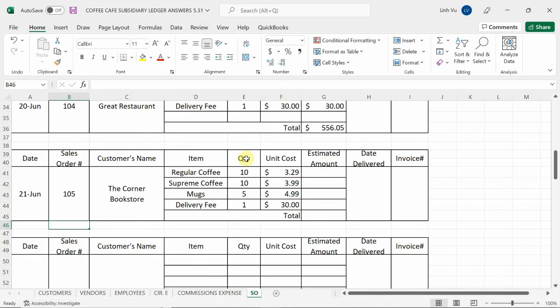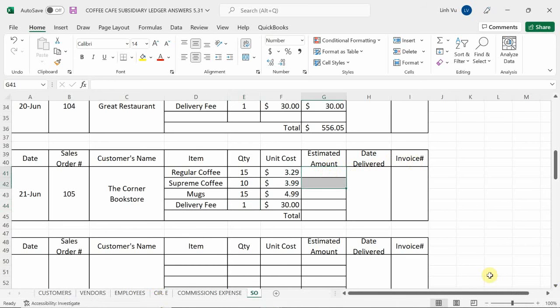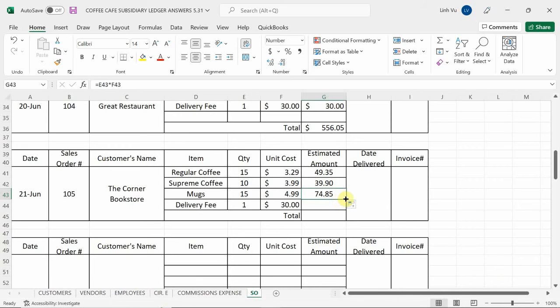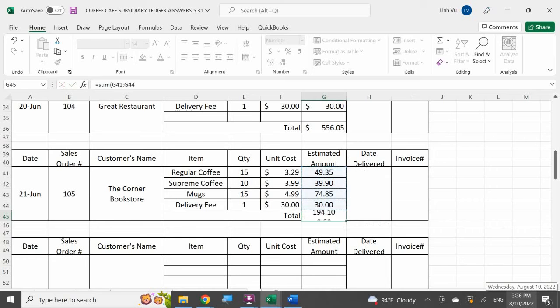This time he's purchasing 15 pounds, 10 pounds, and 15 cups, and 1 delivery charge. So again, let's see how much the corner bookstore is going to owe us. 194.10.